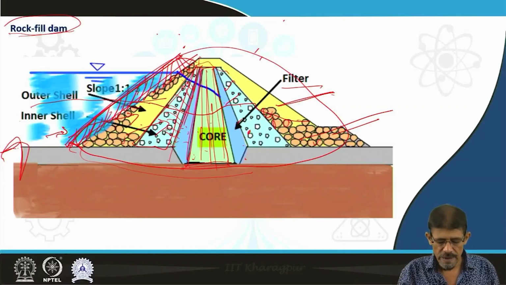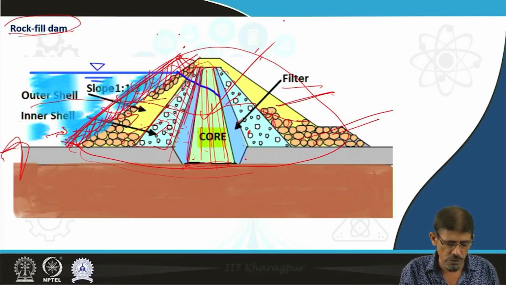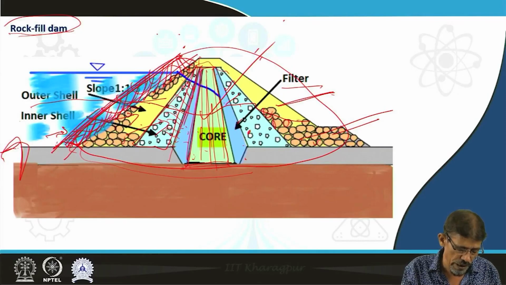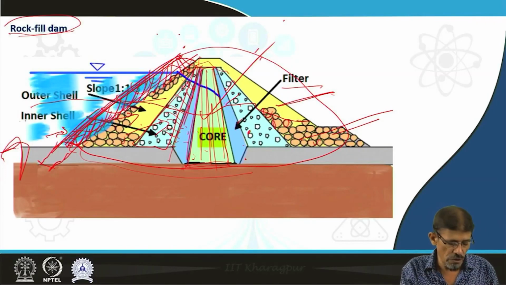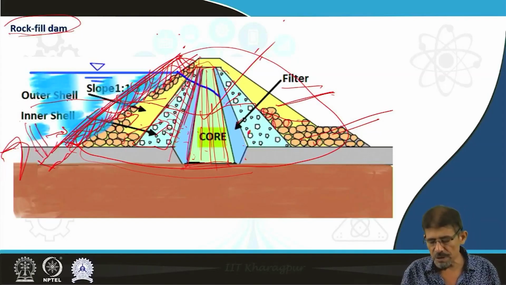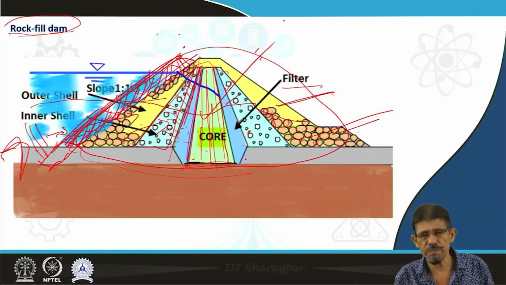Here if the core is not available, then no problem. This structure is sufficient to check the flow of water. Generally this structure is extended up to a certain depth, so there is no possibility for the movement of water from upstream to downstream.